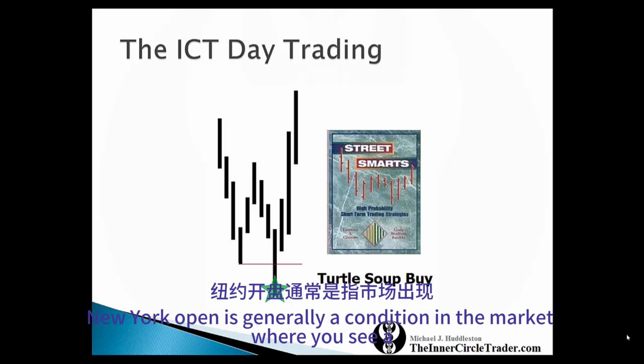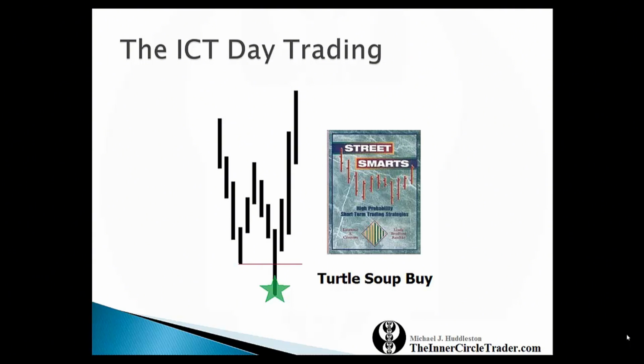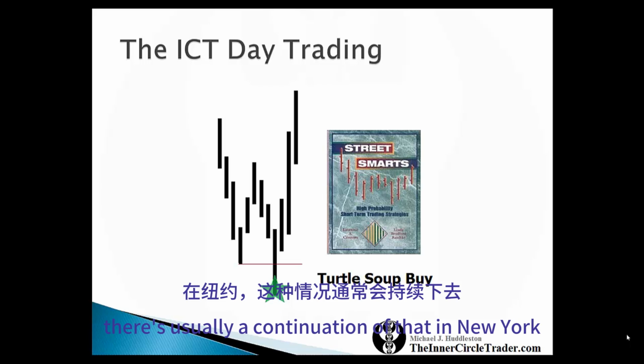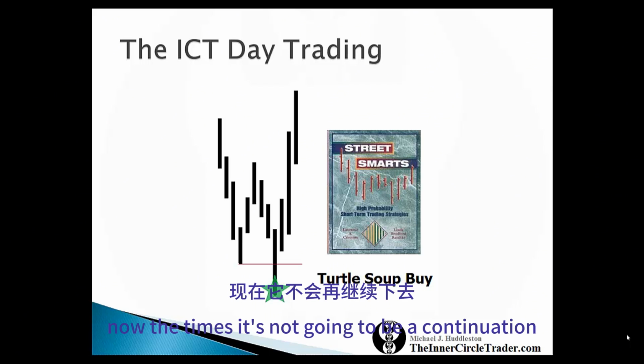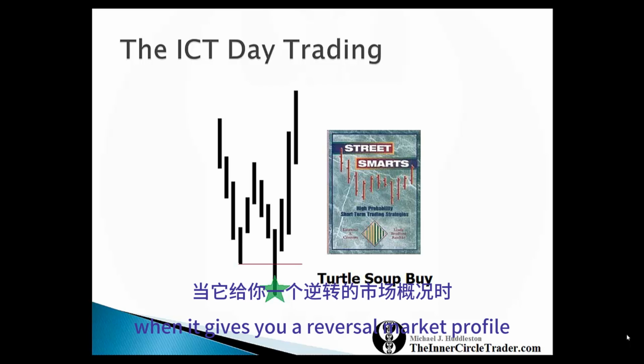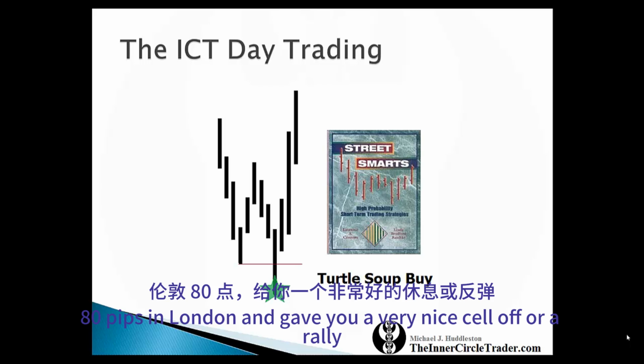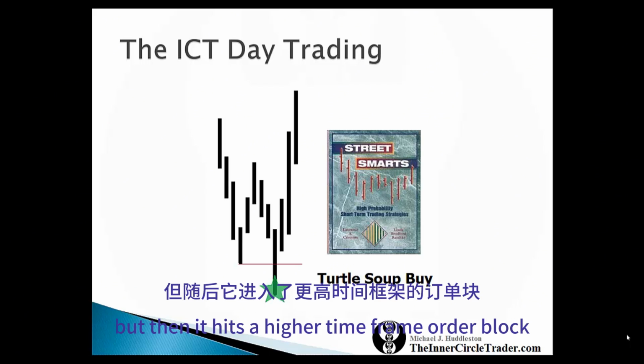New York Open is generally a condition in the market where you see a continuation of whatever was placed in the market directional-wise in London. There's usually a continuation of that in New York. Now the times it's not going to be a continuation, it gives you a reversal market profile. In other words, it may have moved like 60, 70, 80 pips in London and gave you a very nice sell-off or a rally, but then it hits a higher time frame order block.